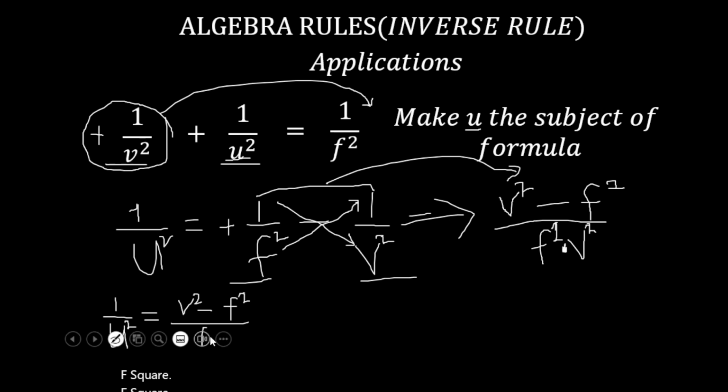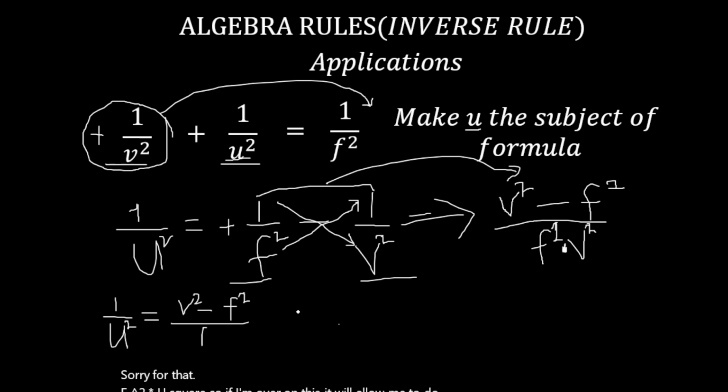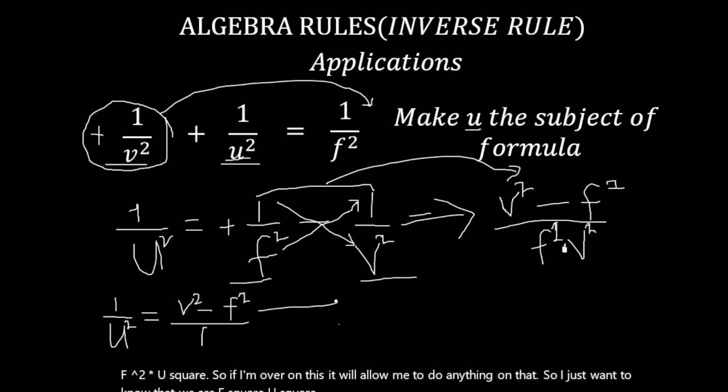Oh, sorry for that. F square multiplied by u square. If I hover on this, it won't allow me to do anything on that. So I just want you to know that we have f square u square here, so I can take it to another place.